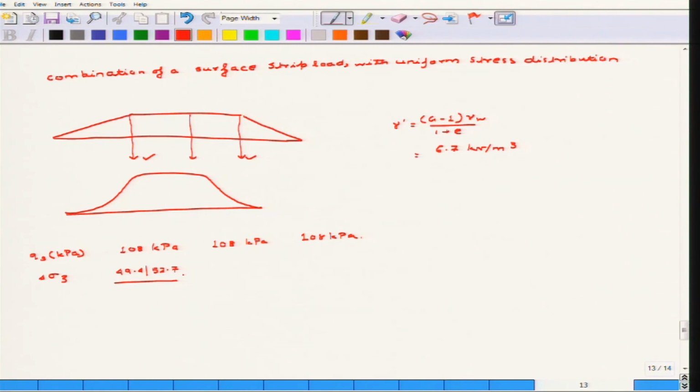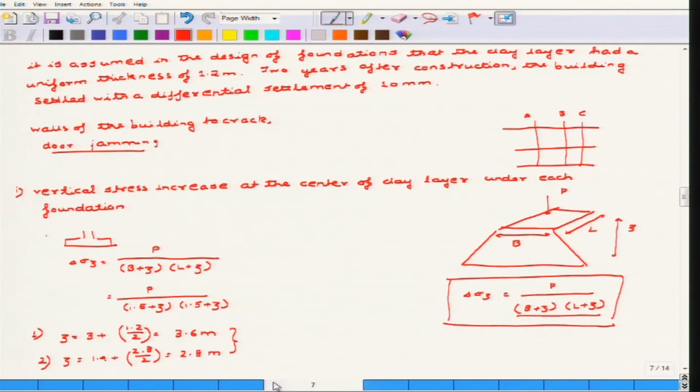These numbers you will come across in a later part, where we will discuss the distribution of stress in soils. In that case we will say that if there is an embankment like this, then depending on the position of the point where you want to find out the stress, let us say this point is Z, there are charts available, or you can use formulas like the previous formula that I used in case of a rectangle.